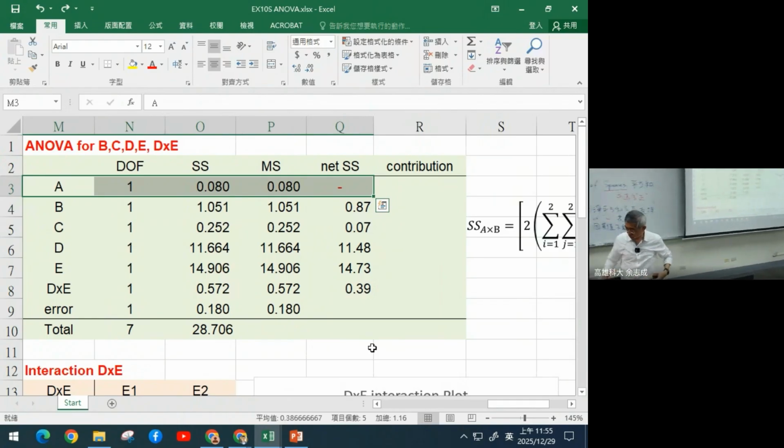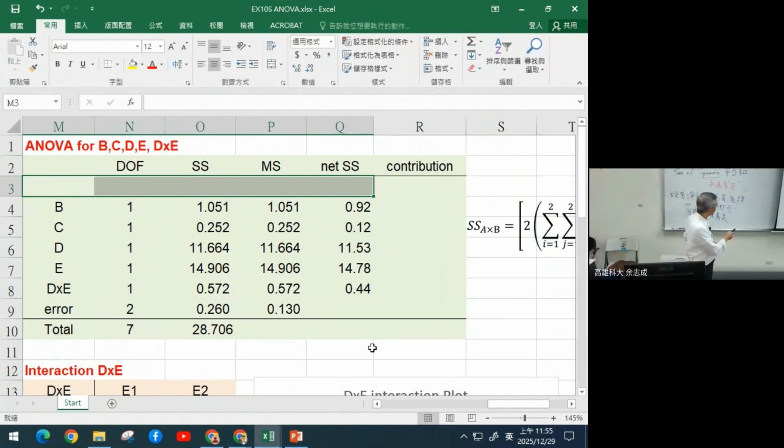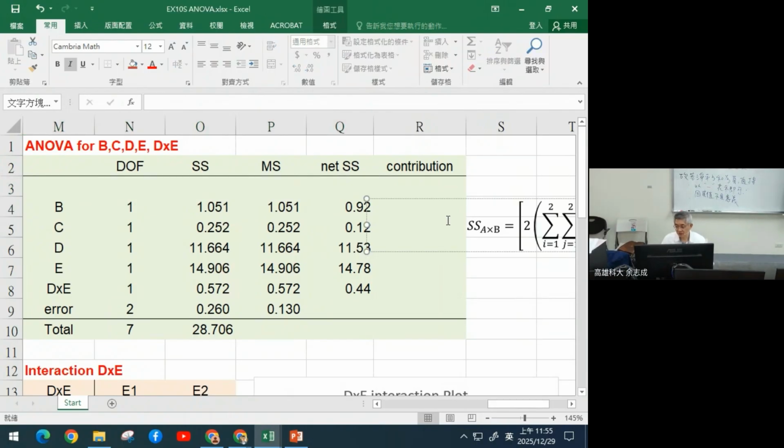But after you pool this negative sum square into the error term, now every net sum square is positive, so we can calculate the contribution.